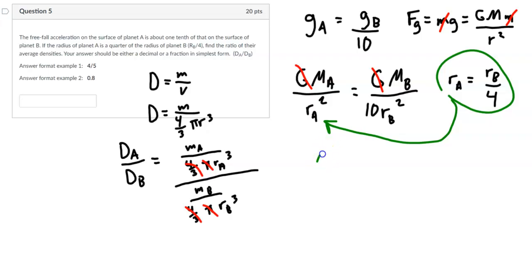All right, so that's going to give me MA over RB divided by 4 squared equals MB over 10 RB squared.